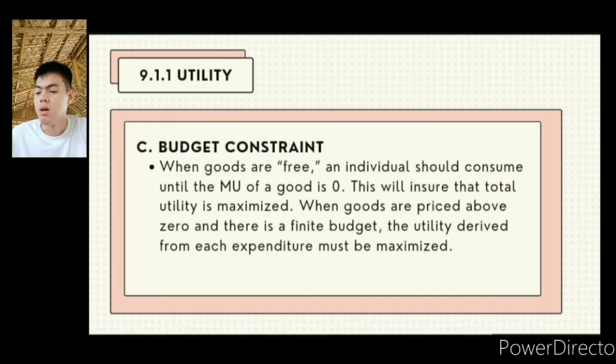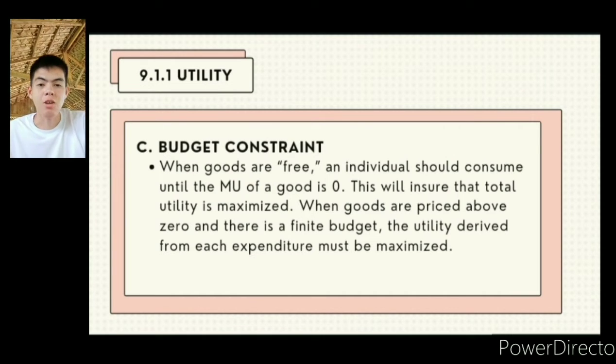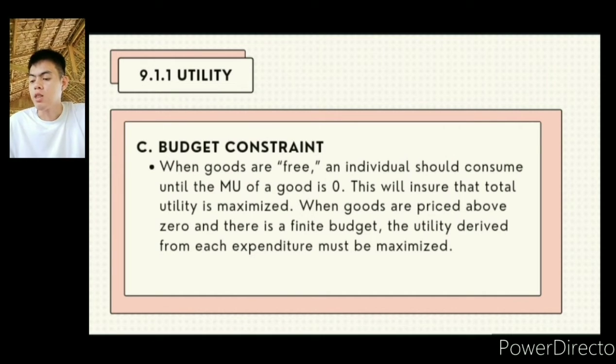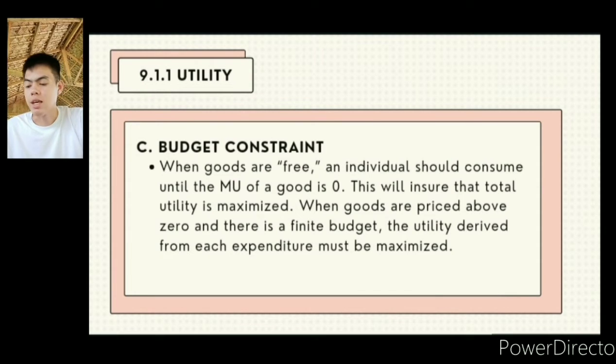Kapag ang goods ay free, dapat itong i-consume hanggang sa maging 0 ang marginal utility. Ito ay para ma-maximize yung total utility. Sabi ko nga kanina, pag na-maximize yung total utility, ang marginal utility ay magiging 0.